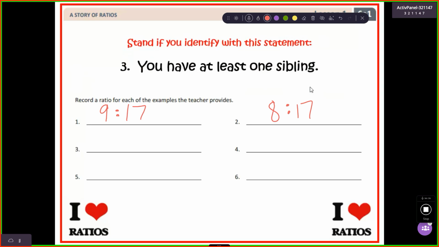So how many people are in here? 17. So we're going to write 17 out of 17, and what do you think the next question is? Are you an only child? Did we have any? So what number are we going to use that shows no value? 0. 0 out of 17. And I'm just going to skip that question, okay?